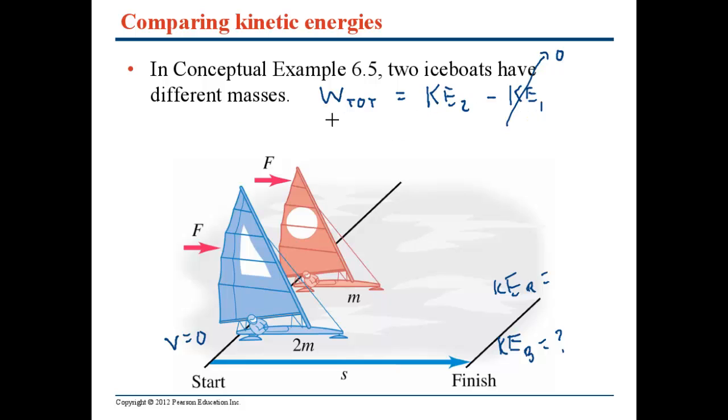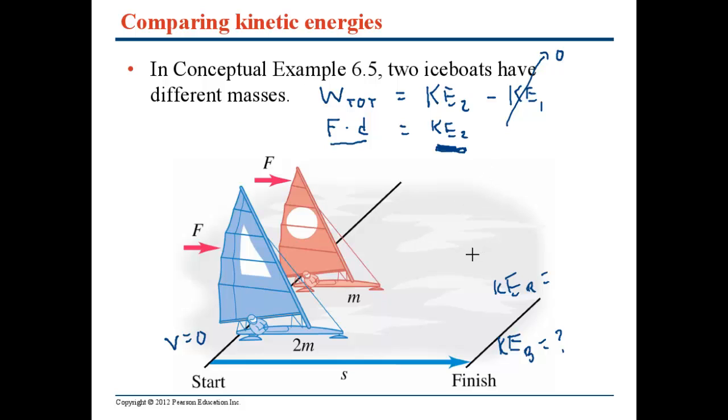Each of these two boats had the same force put on each boat over the same distance. The angle between the force and the distance is 0, so the cosine of that angle is going to be equal to 1. So each of these two boats is going to have the same force and the same distance. And at the end of the day, they're going to have the same amount of kinetic energy.